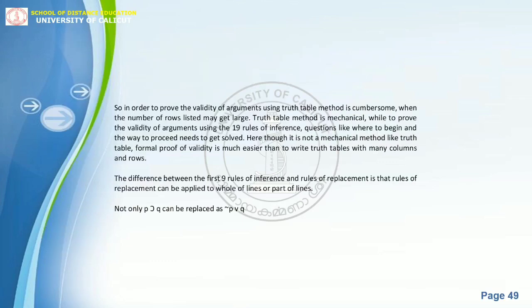So proving the invalidity of arguments using the truth table method is cumbersome. When the number of rows listed gets large, the truth table method is mechanical. While to prove the validity of arguments using the 19 rules of inference, questions like where to begin and the way to proceed need to be solved.